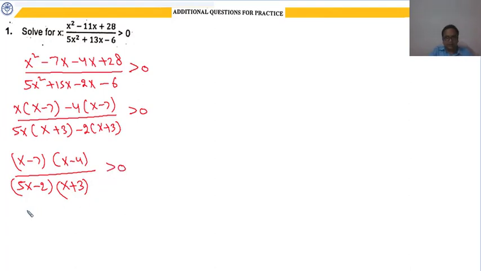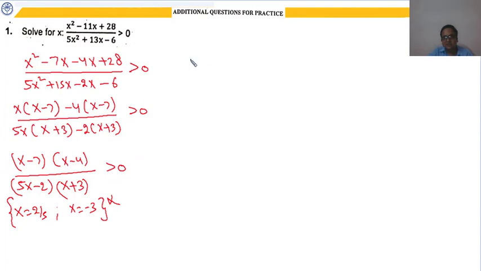Now, the most important point: this is not defined at x equal to 2 by 5 or x equal to minus 3. Both these values are straight away rejected, otherwise the denominator becomes 0. So x cannot be equal to 2 by 5, x cannot be equal to minus 3. Now we multiply by 5x minus 2 in the numerator and denominator, and x plus 3 in the numerator and denominator.